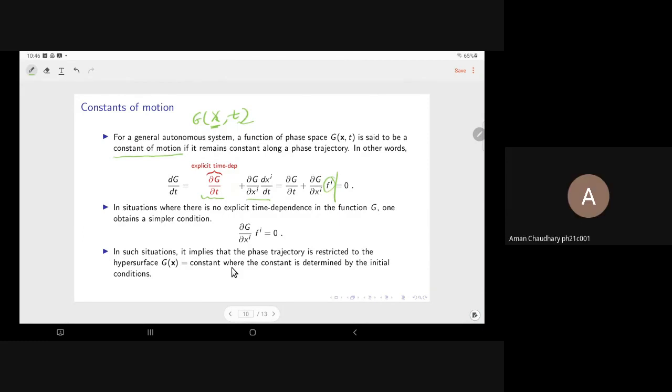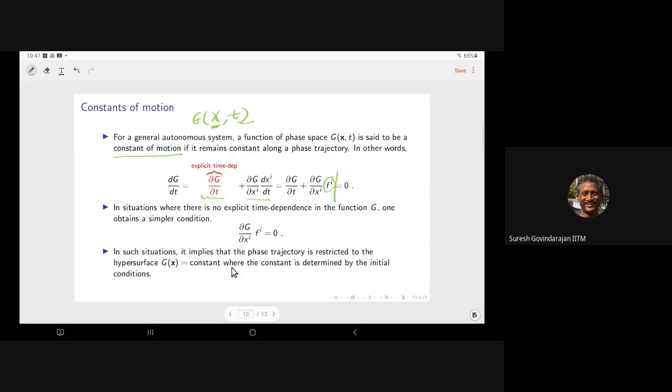Sir, is this phase trajectory the same as what we usually call trajectory? Yeah, it is called the same. I mean, there are two things. What I have in mind is that a phase trajectory need not be a trajectory, because in usual classical mechanics, the phase space will be twice the dimension of your coordinate space.